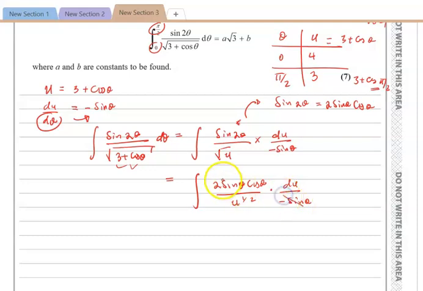You can see the sine of theta is going to cancel out, and then you are left with the cos. That means you have your integral as negative 2 times the integral of cos of theta over u to the power of a half du.